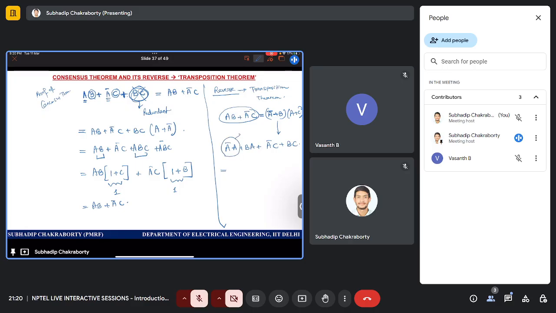So A bar A is 0, which we know already. So now we have BA plus A bar C plus BC.